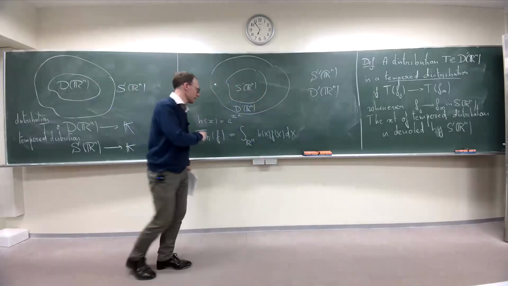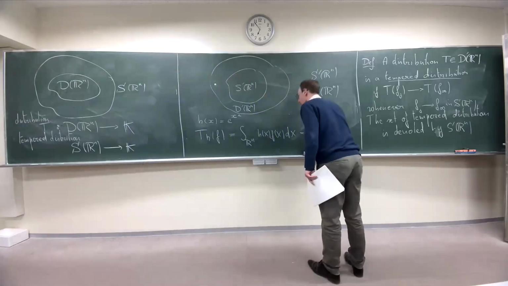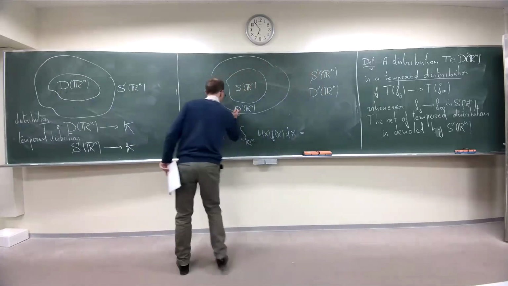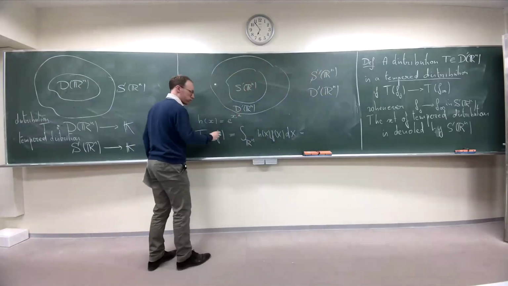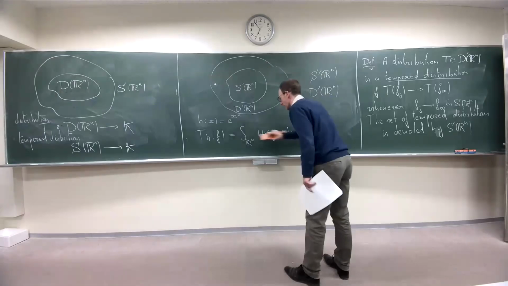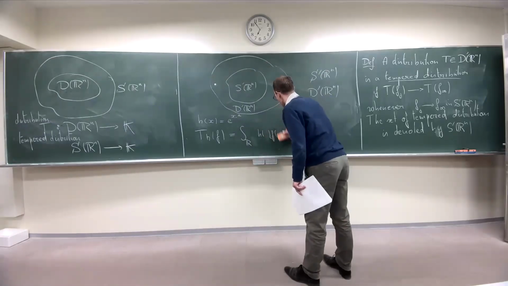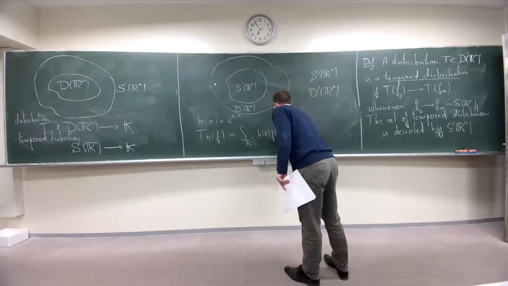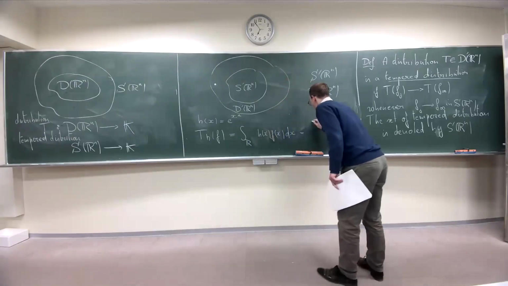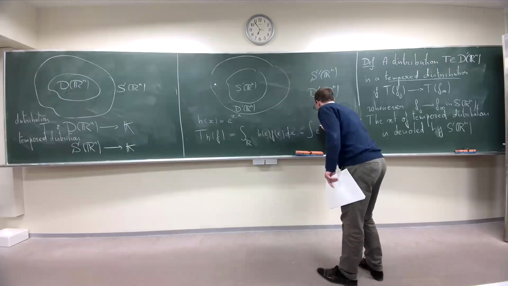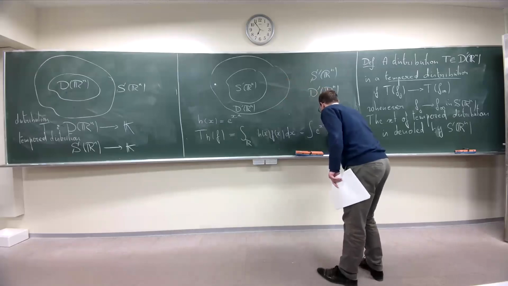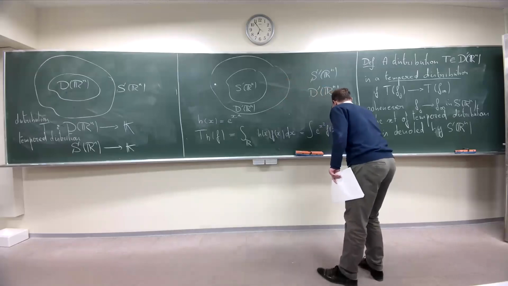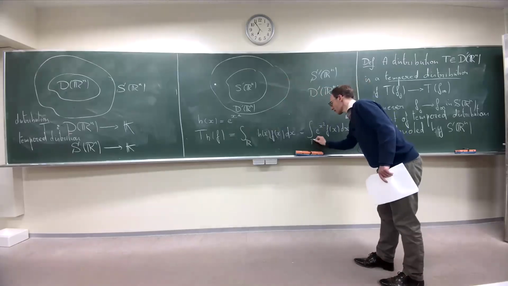We can do it in 1 dimension, it's simpler. So we have the integral of e^(x^2) f of x dx. So think about this integral.